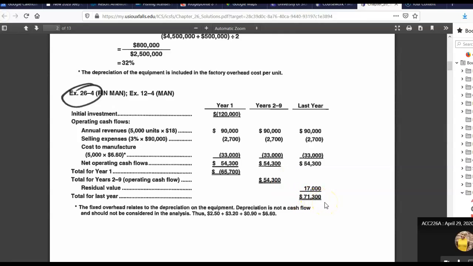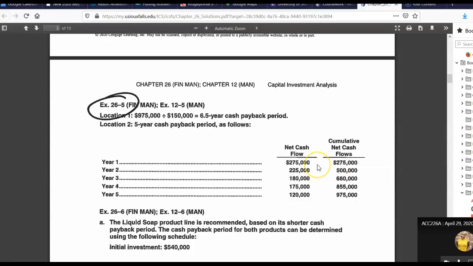So what we're doing in number 4 is nothing other than making sure we know how to calculate cash flow. Okay. Number 5, cash payback. So now we're going to put this all underneath your cash payback notes.